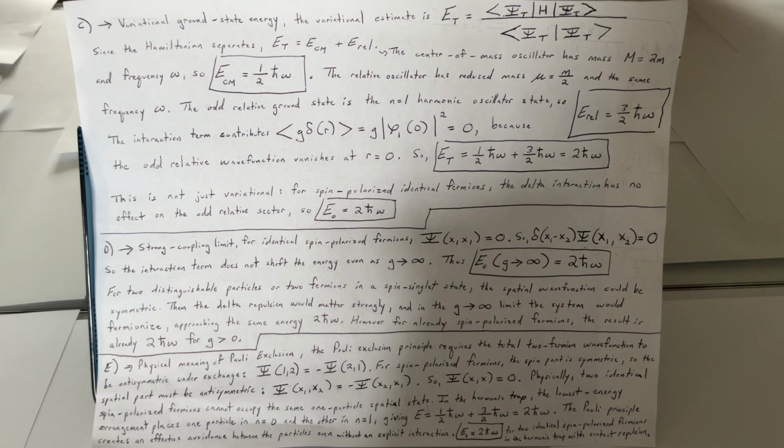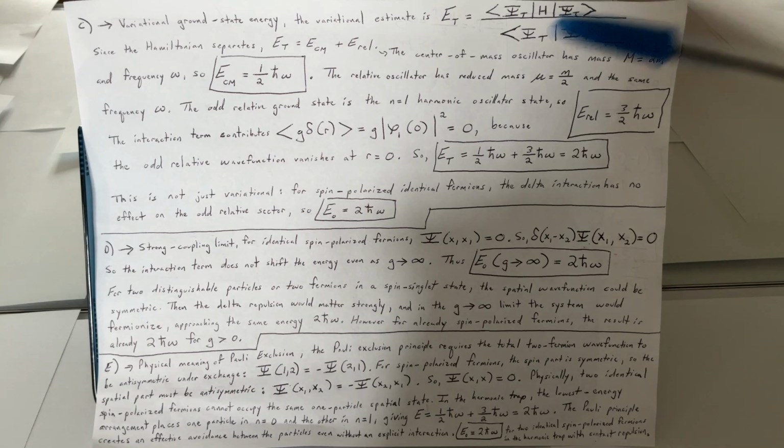So we could say E sub t equals 1/2 h bar omega plus 3/2 h bar omega, so that equals 2 h bar omega. And this is not just variational for spin polarized identical fermions. The delta interaction has no effect on the odd relative sector, so E naught equals 2 h bar omega.